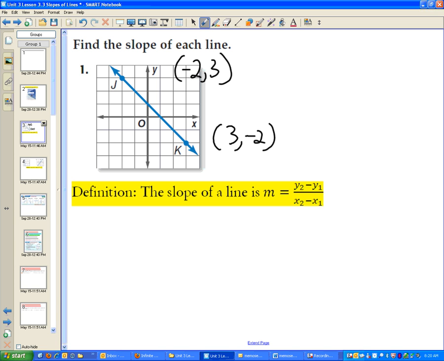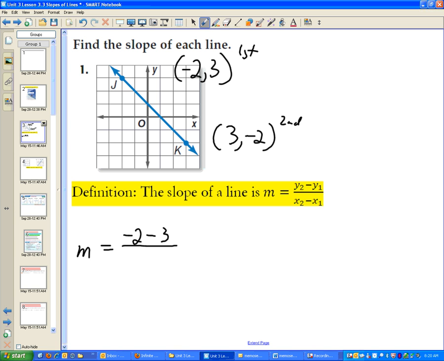It doesn't matter which one we call the first point, which one we call the second point. I'll call this one the first one, this one the second one. So we find the slope. M equals y2, that's the y-coordinate of the second point, -2, minus y1, the y-coordinate of the first point, 3.